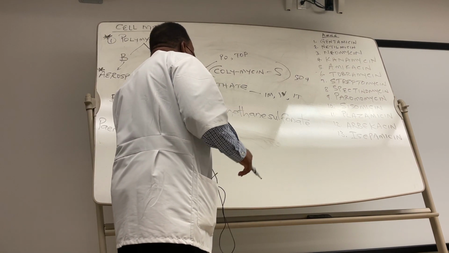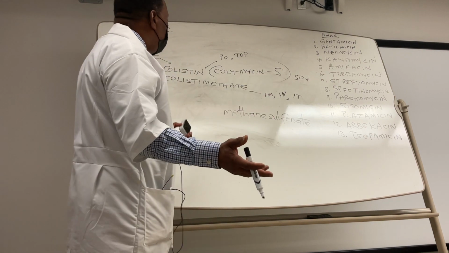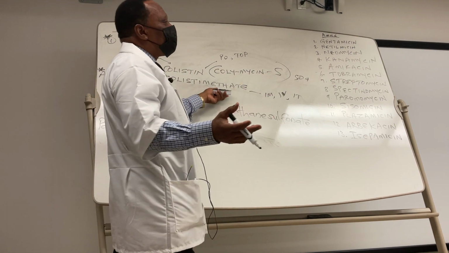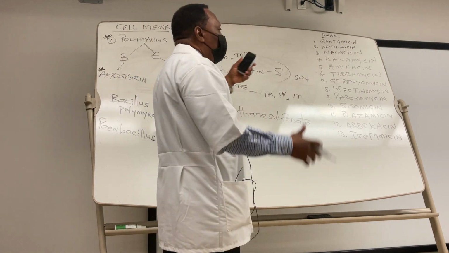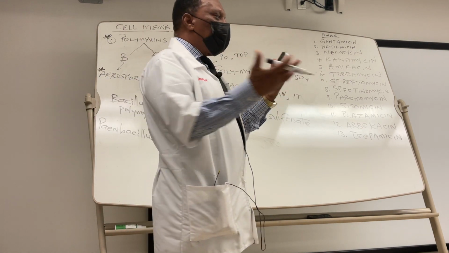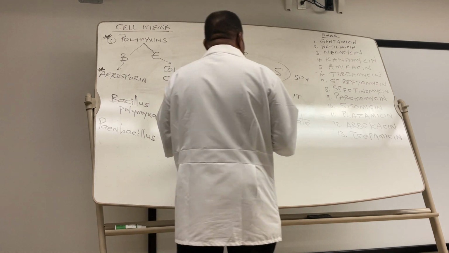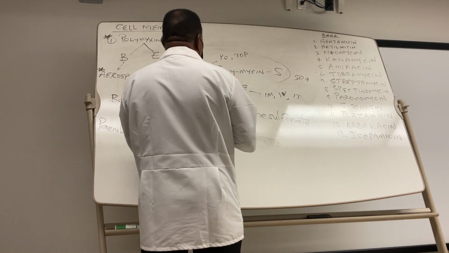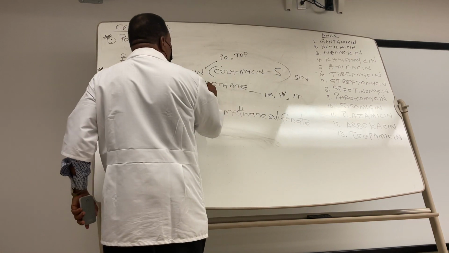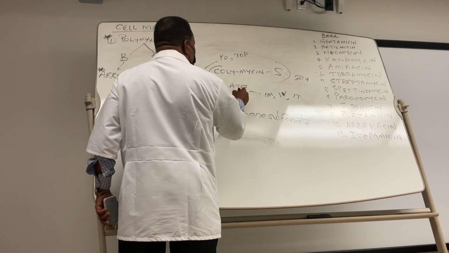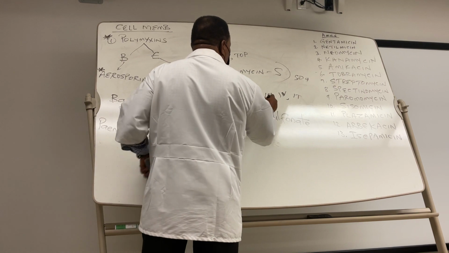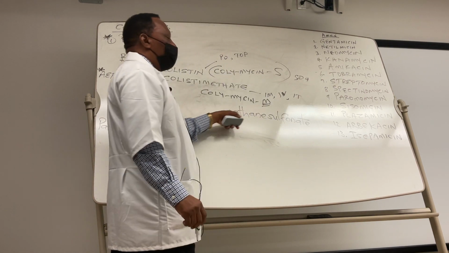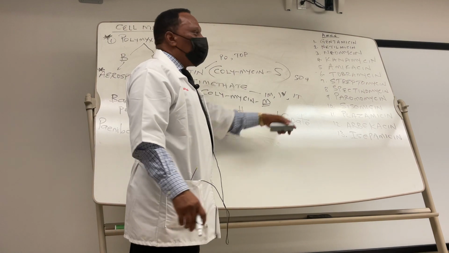So basically, the simplest way to remember that would be your colistimethate is administered parenterally, and your colistin is usually administered enterally. Okay, and the colistimethate will come in Colimycin M. And the M there refers to methane sulfonate.